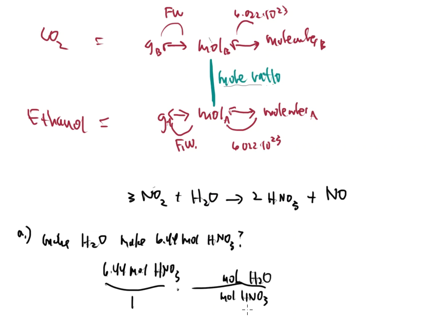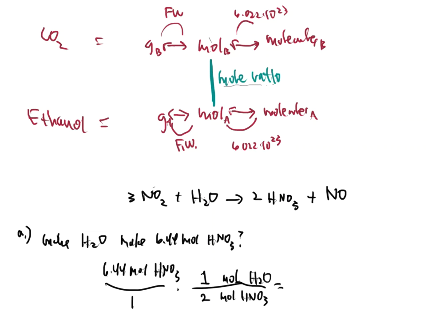I can relate those two if I have a balanced equation, and I do. So water, there it is, second one in line. There's not a number in front, so it's understood to be a 1. And then mole of HNO3. There's HNO3. There's a 2 out in front, so a 2 is going to go there.